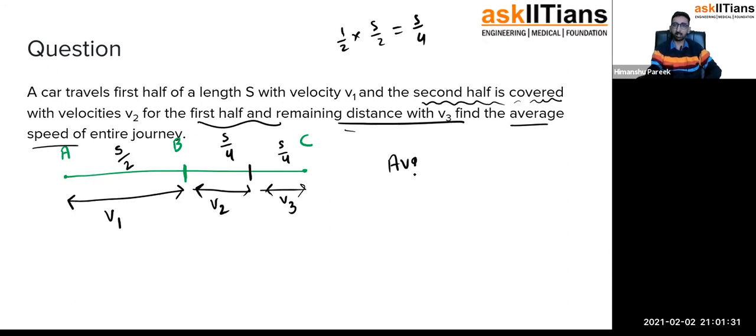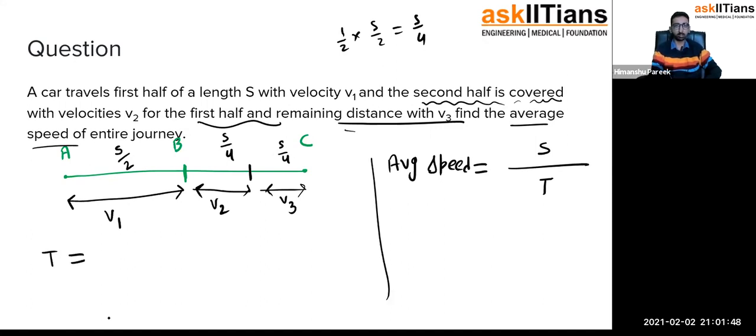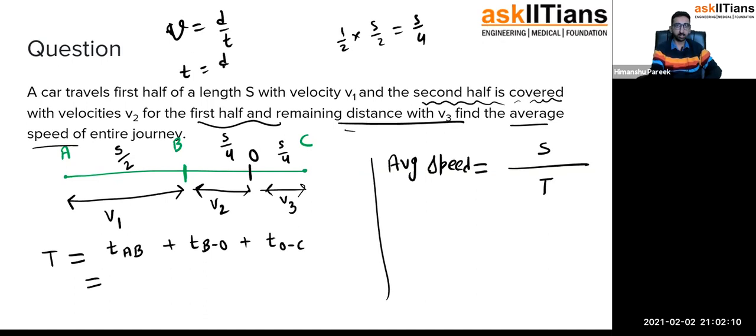Very simple. Average speed is equal to total distance upon total time. The total distance is S. Total time, let us calculate now. Time taken to go from A to B, then from B to O, where we mark this point as O, and then from O to C. Now speed is equal to distance upon time, so time is equal to distance upon speed.